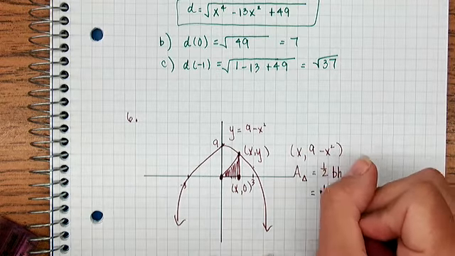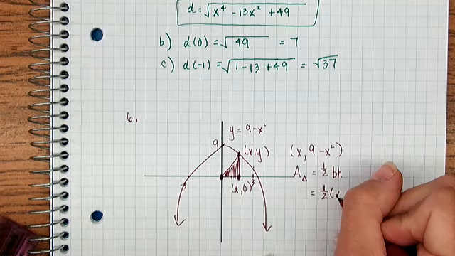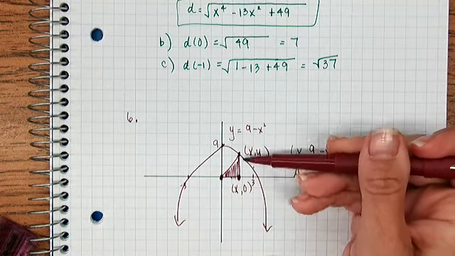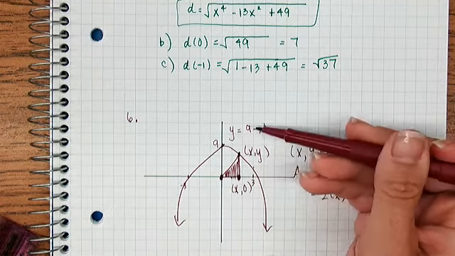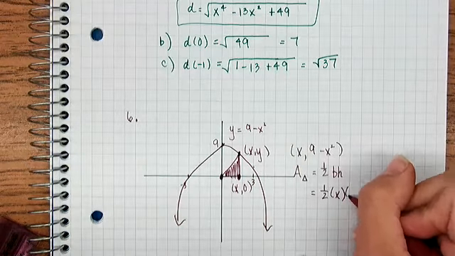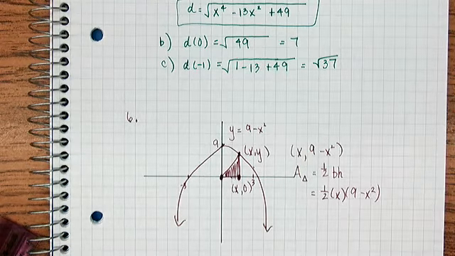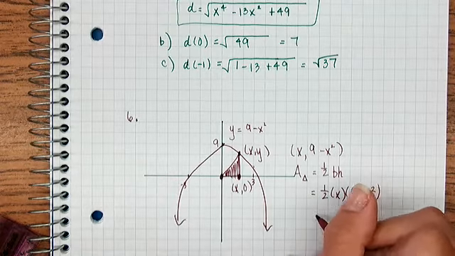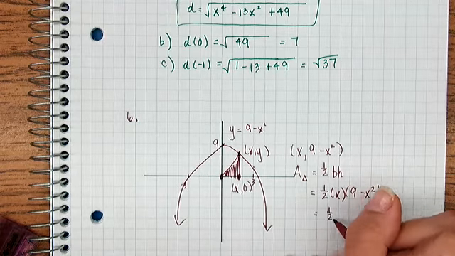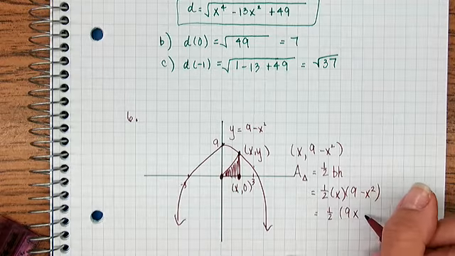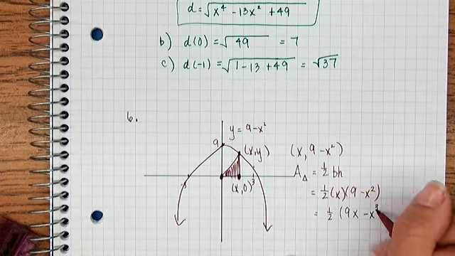It's going to be 1/2 x. And the height is y. The height is y, but I know y. Y is 9 minus x squared. So this is 1/2 times the quantity 9x minus x cubed.